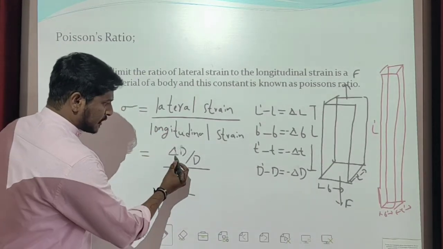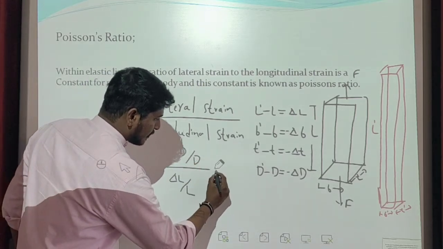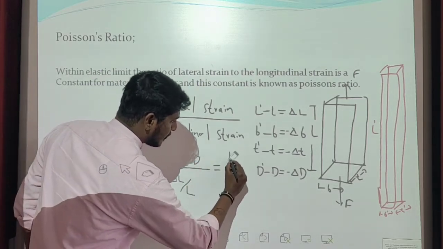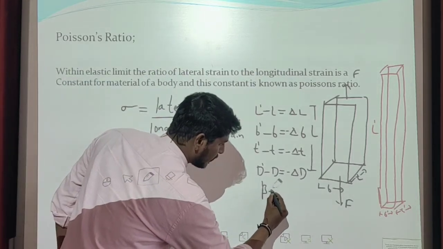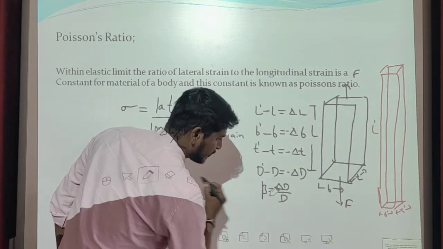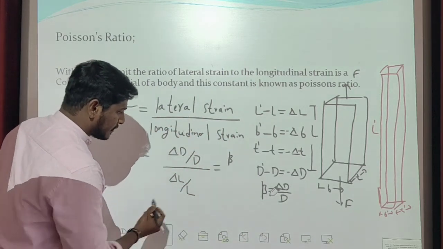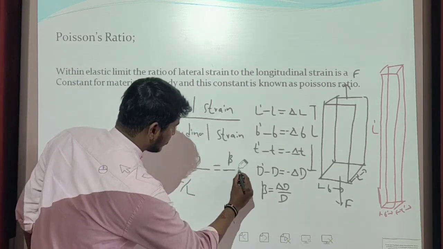Change in dimension by original dimension is denoted by beta, and change in length by original length is denoted by alpha.